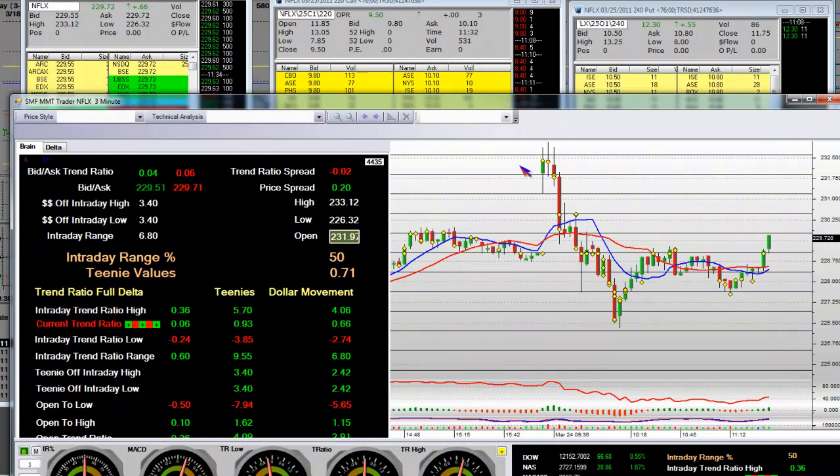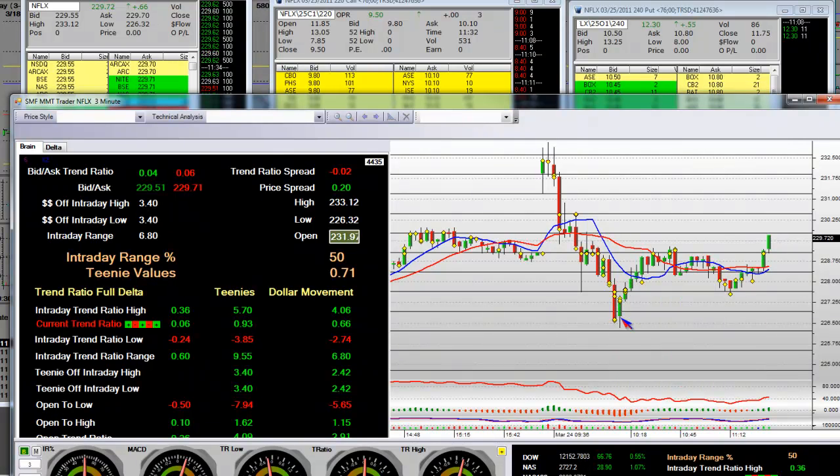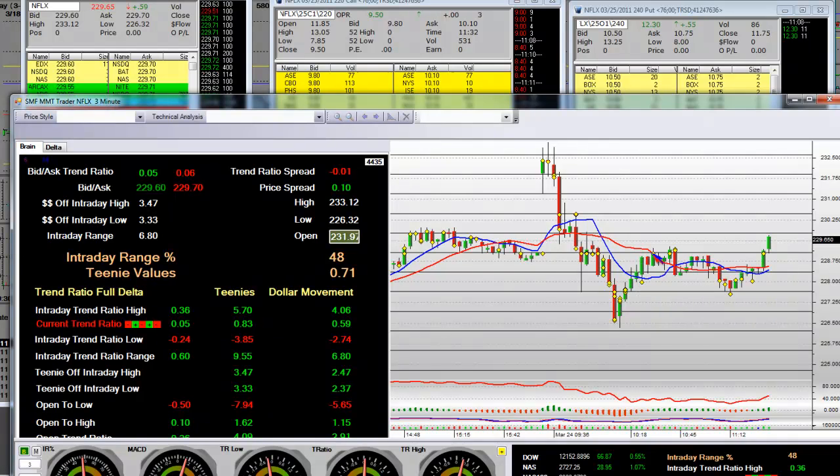So I entered the call, but then it went down, and I exited the call, still let run my put, and then I entered the call again. It went everything by the book except for the bid-ask spread. The only thing I need to improve on is the execution of the bid-ask spread, in seconds, less than seconds.